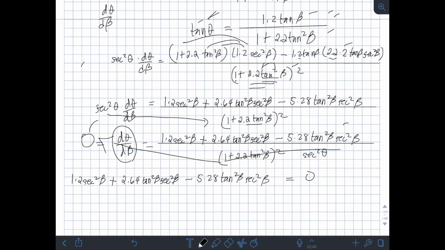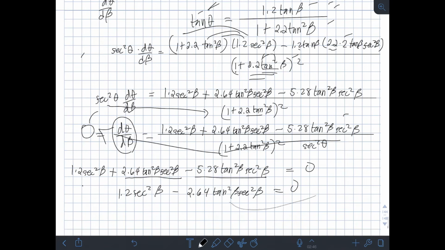So, combine natin yung similar terms. So, 1.2 secant squared beta plus 2.64 tan squared beta secant squared beta minus 5.28 tan squared beta secant squared beta. Negative 2.64 tan squared beta secant squared beta equal 0.